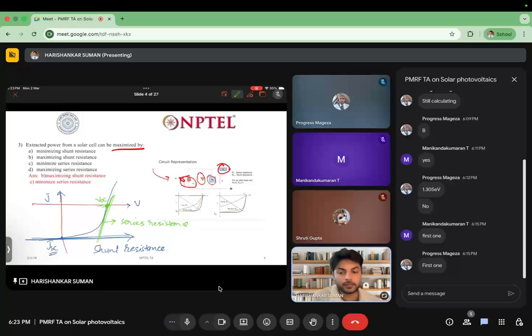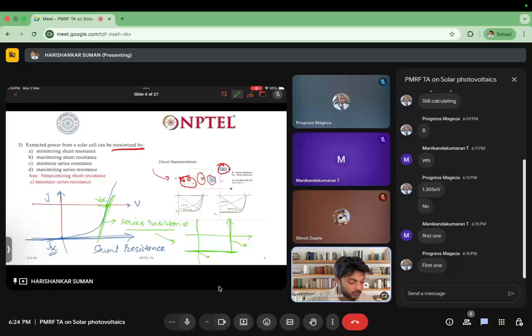Okay, so ideally the solar cell curve should look rectangular. This should be parallel to the x-axis and this should be parallel to the y-axis. The inverse of the slope on this side gives you the series resistance. Here the slope angle is 0 because it is parallel to the x-axis.